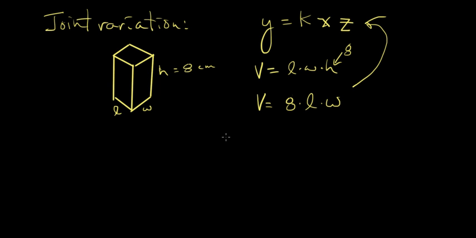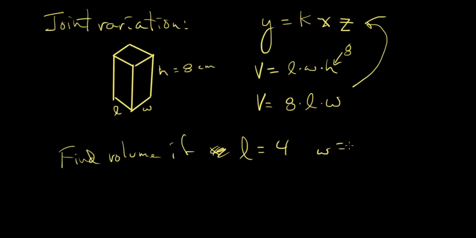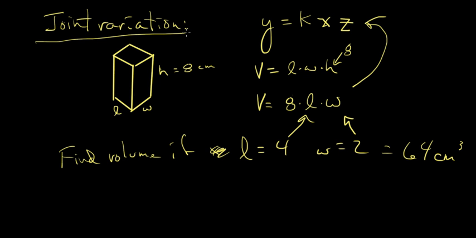So, let's take a look and see what we have. Find the volume if length equals 4 and the width equals 2. Put the 4 here, the 2 here. 2 times 4 is 8 times 8 is 64 centimeters cubed. So that's how you find the volume in something like this. This is what we mean when we say joint variation.